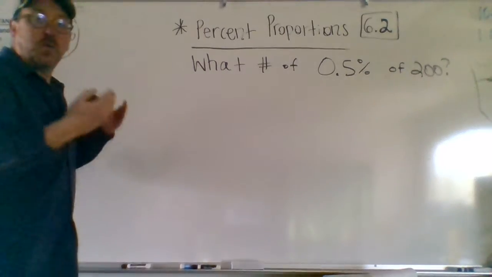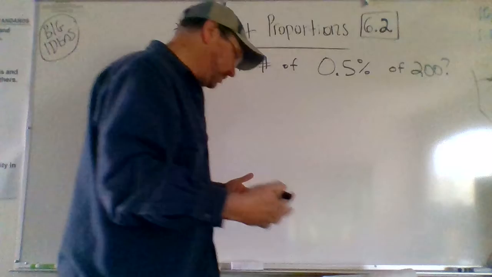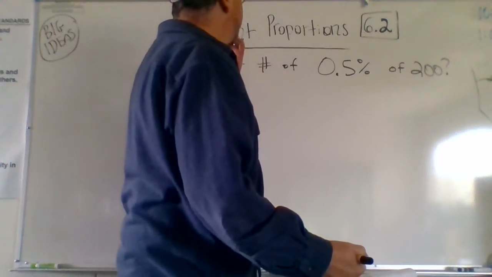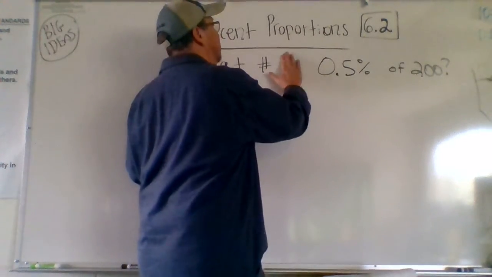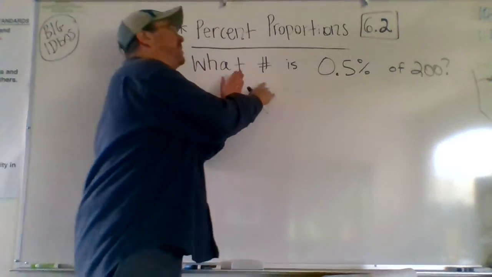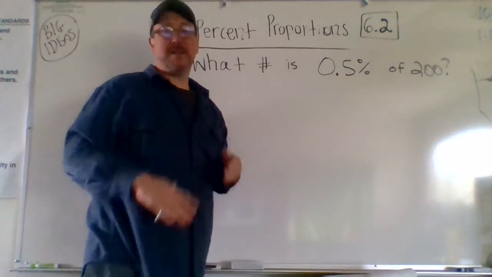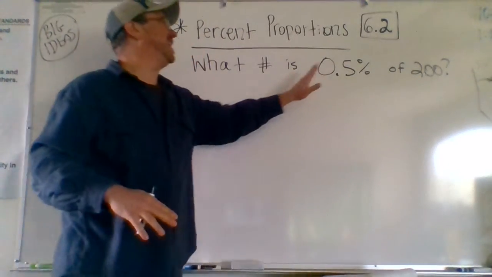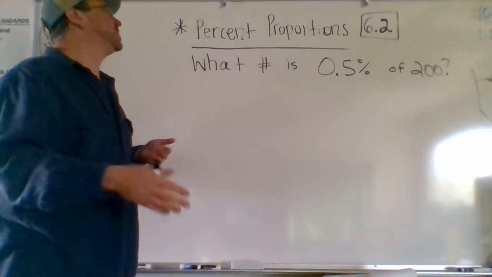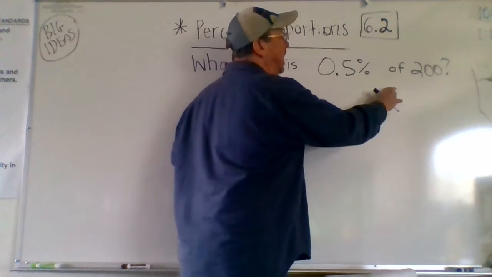Yes, it is. All right, let's try this again. Got all my little words backwards. Okay, what number is 0.5% of 200? And even me misplacing that is and of, right? So again, rereading the words really carefully, super important. What number is 0.5% of 200?